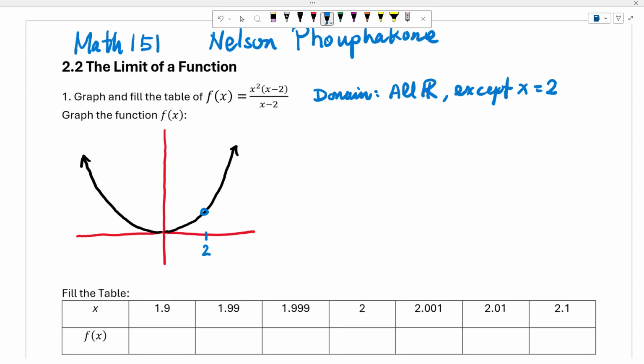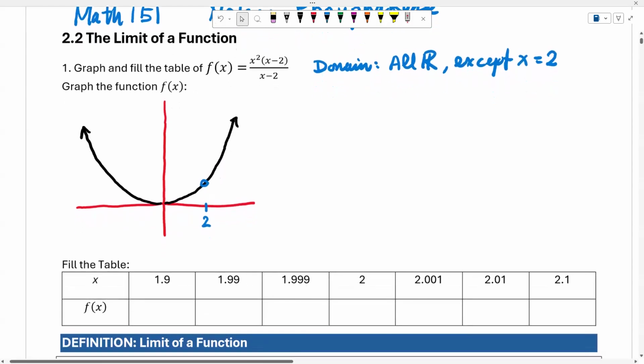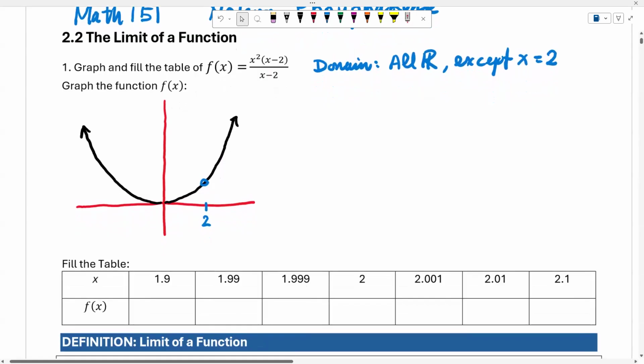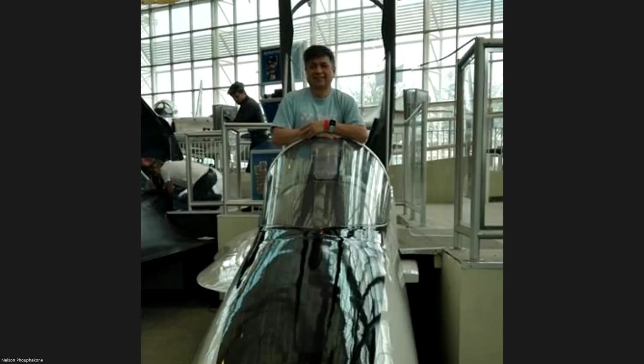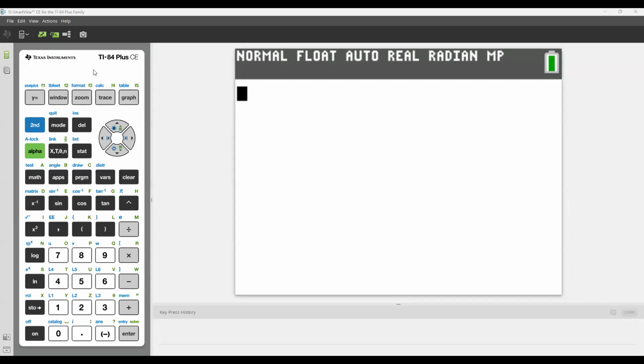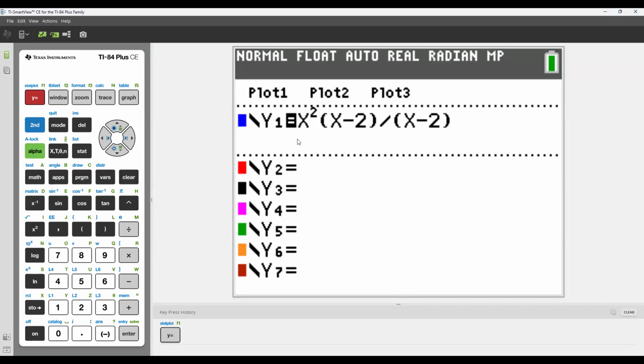Then now, let's see how do we actually fill this table now. So one way to do this is we could actually use our graphing calculator TI-83 or 84 that we are using in this class, okay, to work out this problem. Then let us bring up a calculator now, okay? Okay, so you can go to y equal to, and then input the function x squared times x minus 2 divided by x minus 2.